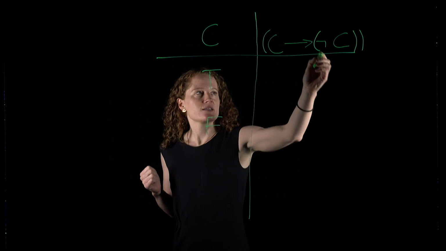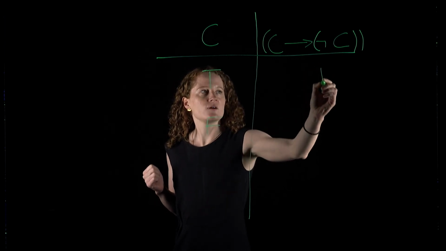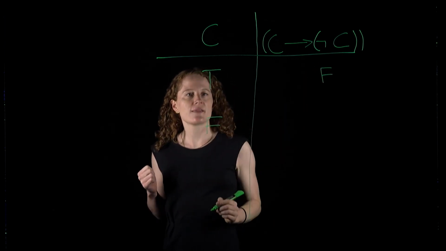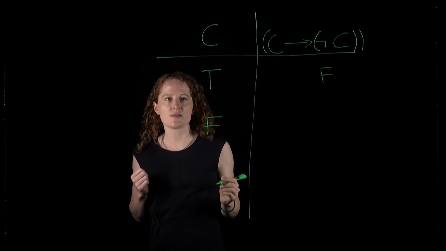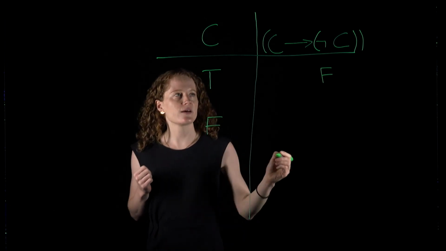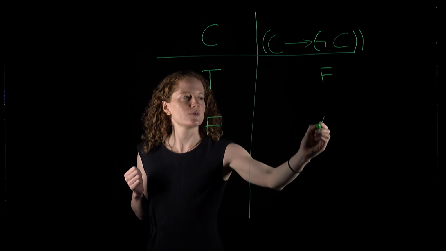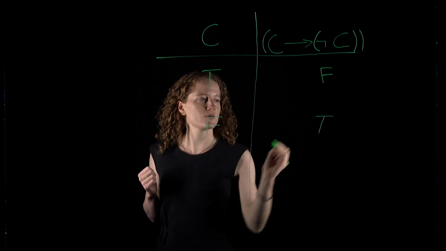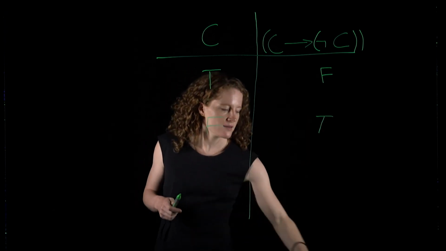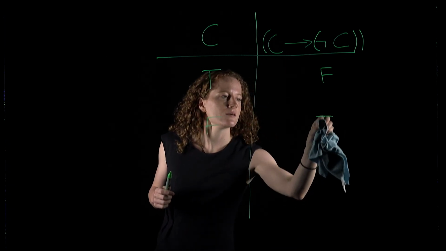So I know that not C is false when C is true, and that's why I'm going to enter an F in this row here. And I know that not C is true when C is false, so I'm going to enter a T in this row here.